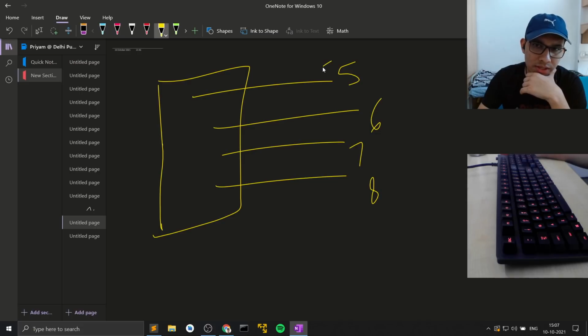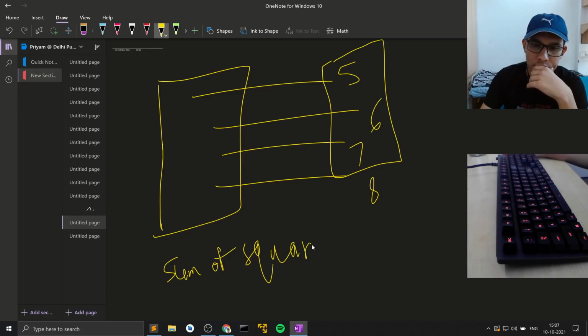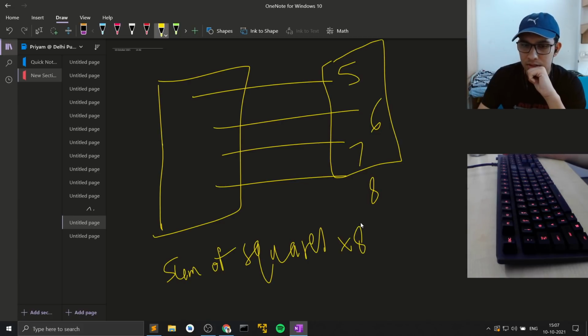So what I can do is I can maybe maintain a prefix sum of squares, and when I get to 8 I can just multiply this with 8, so this will give me the final answer up till 8 when we include 8.